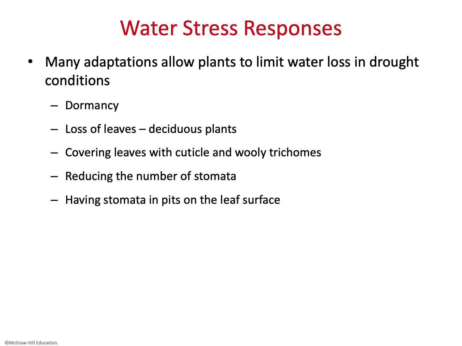Now that we know stomata opening and closing is coordinated with the environment, let's look at how plants are adapted to water stress. You know that plants are anchored to the soil via their roots, and they cannot relocate when water availability or salt concentration changes.